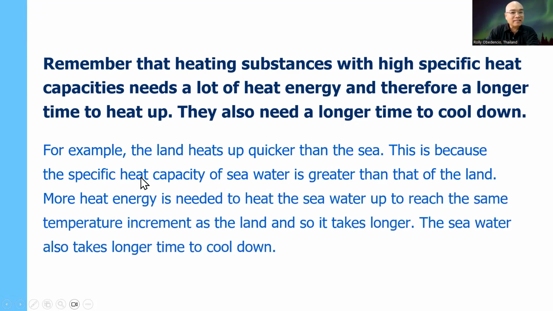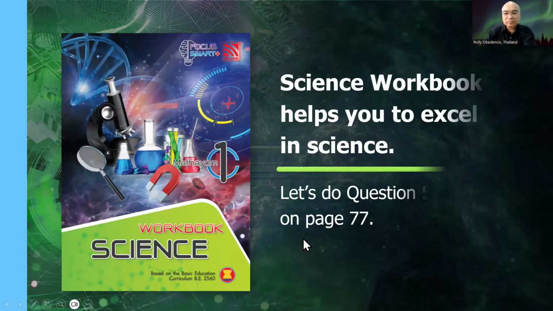This is because the specific heat capacity of seawater is greater than that of the land. So more heat energy is needed to heat the seawater up to reach the same temperature increment as the land, and so it takes longer. The seawater also takes a longer time to cool down.